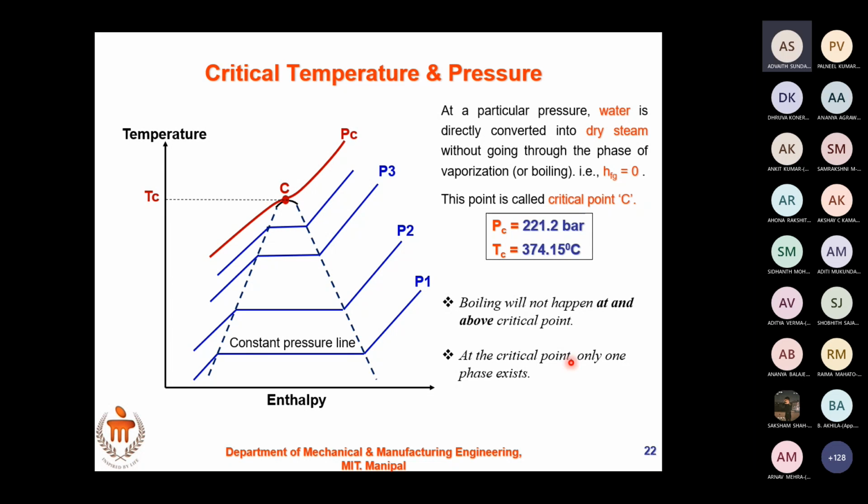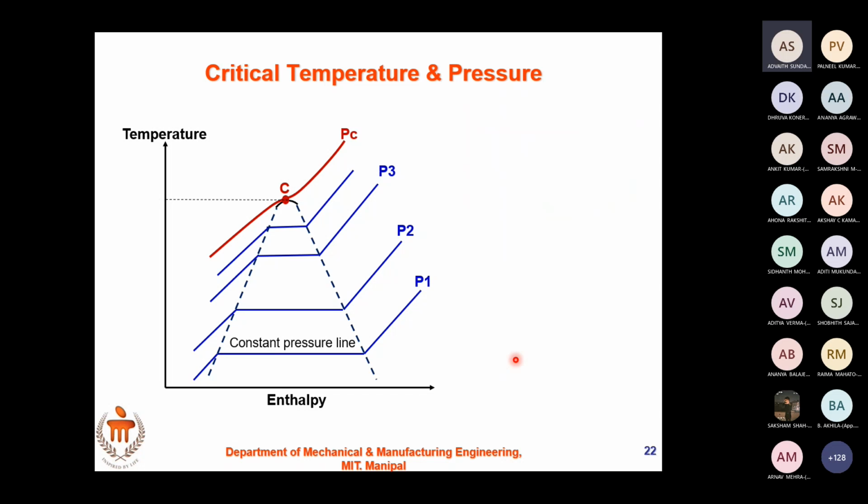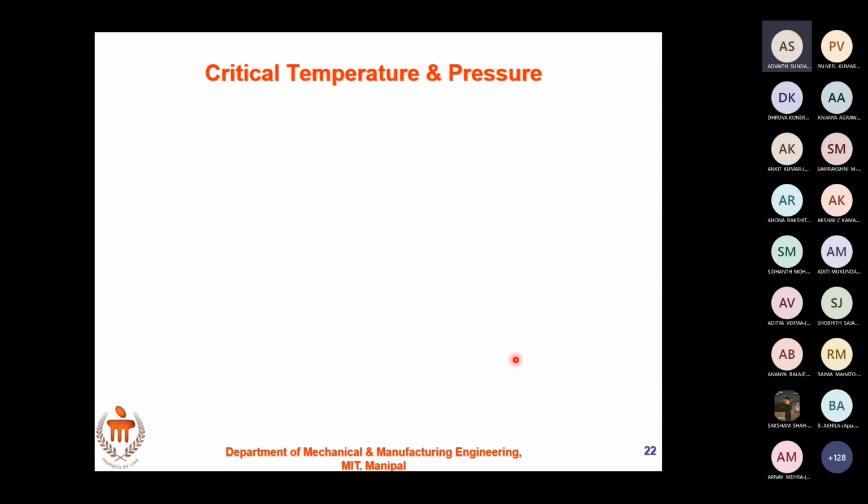Ma'am, these various curves that we see, are they like the diagrams of various beakers that were taken in the experiment, like of different samples? Have we taken different samples anywhere?